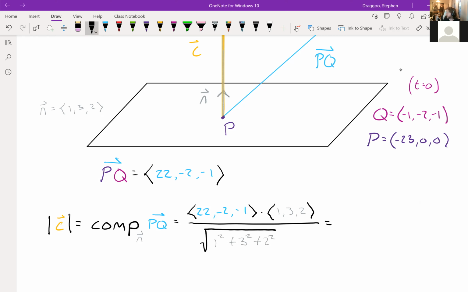And we would get a number out on the other side. The dot product at least comes out really, oh no, didn't come out quite as nice as I was hoping for, but that's fine.